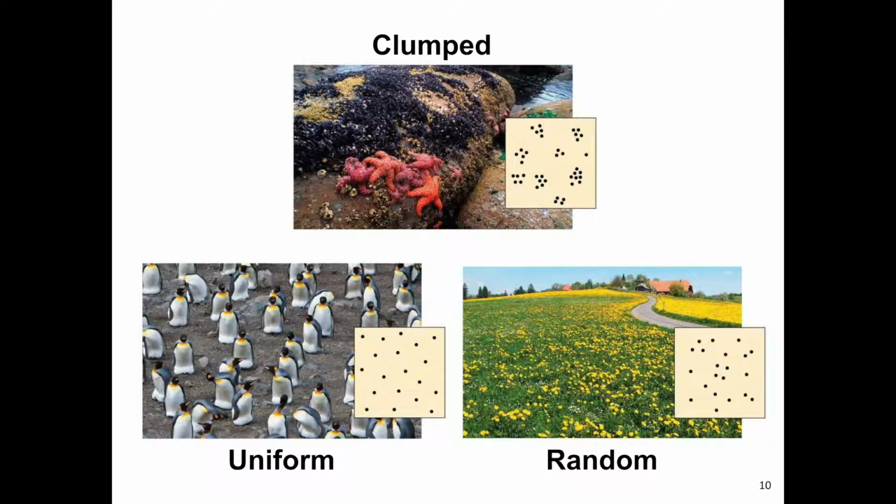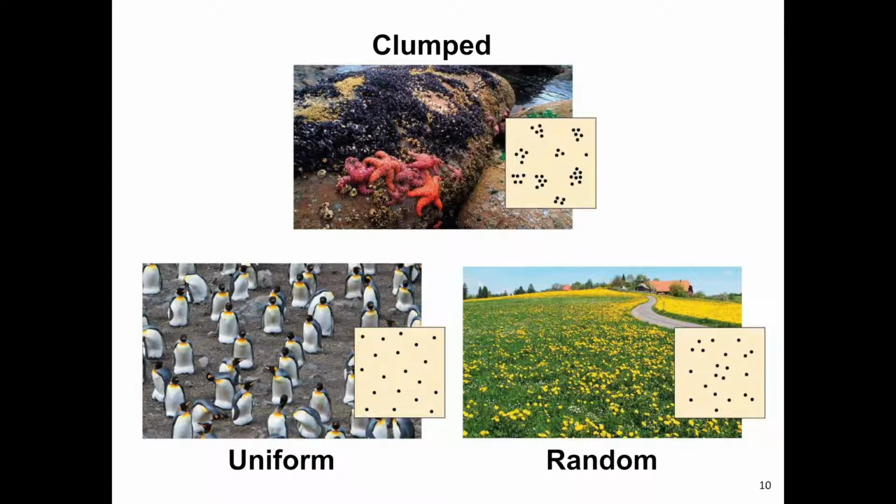Clumped distribution would be defined as individuals clustered together in some small space. This occurs when resources are distributed in patches within some sort of range, or the chances of a new individual surviving are enhanced by the presence of other individuals. And the third would be uniform distribution.